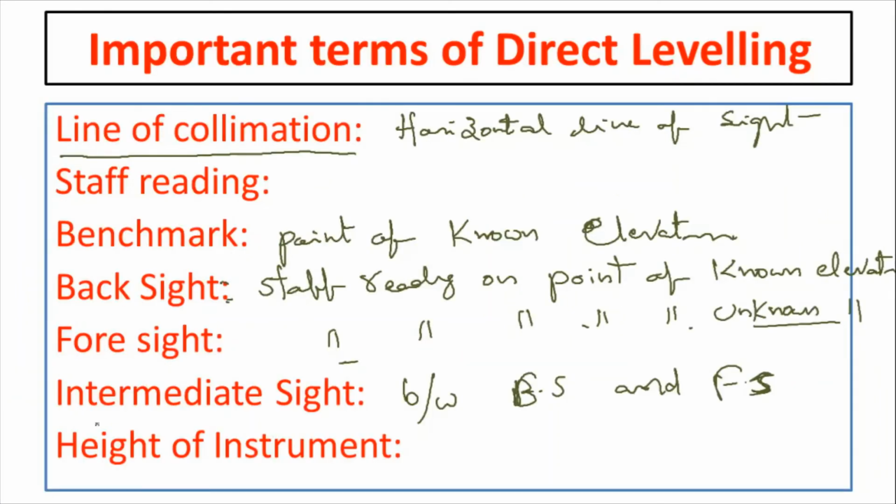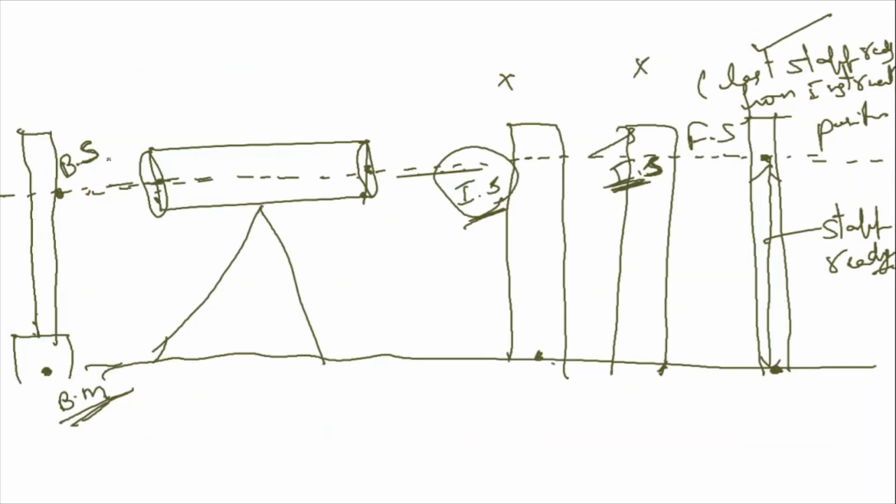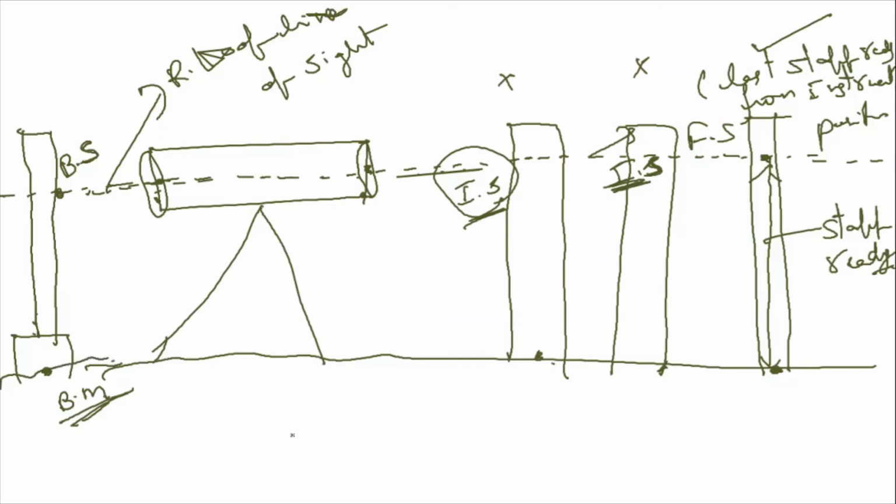So the next one is the height of the instrument. What is the height of the instrument? It is the height of the line of sight, the RL of the line of sight. That is called the height of instrument. So how to determine the height of instrument?